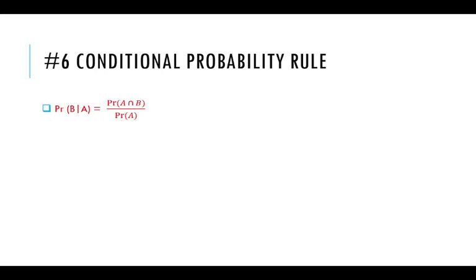Now, let's go back to our equation and we can see this numerically. All I'm going to do here is plug in what we already know in the numerator. And what do we know about the numerator? We've seen the numerator before because that was our multiplication rule.